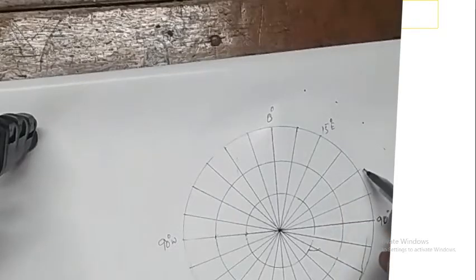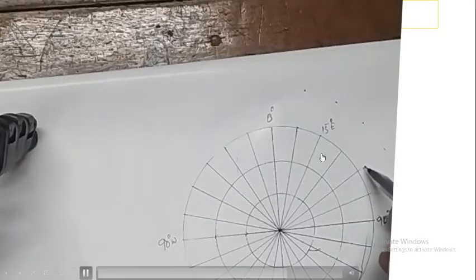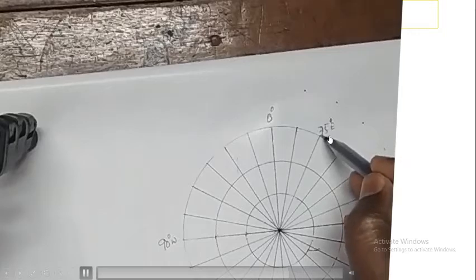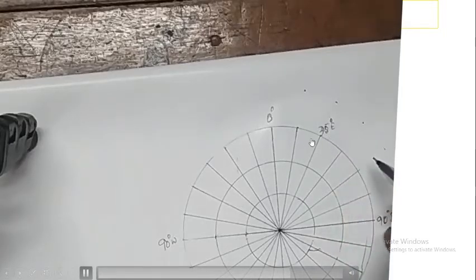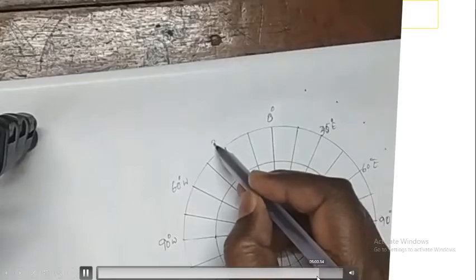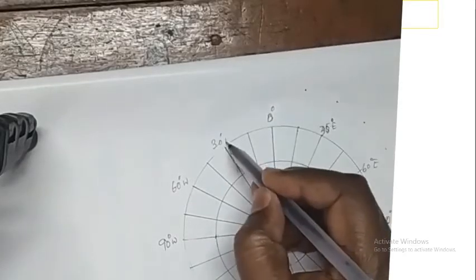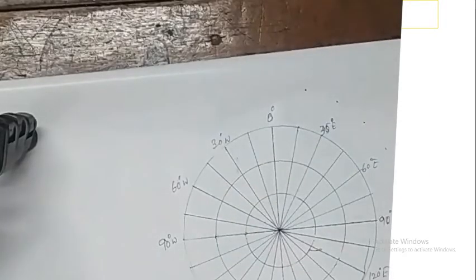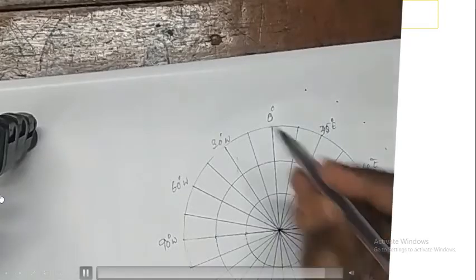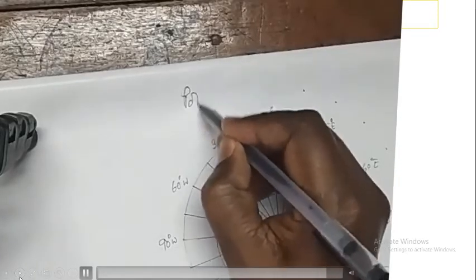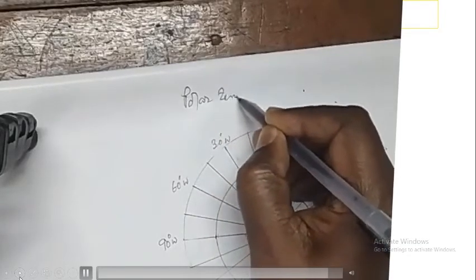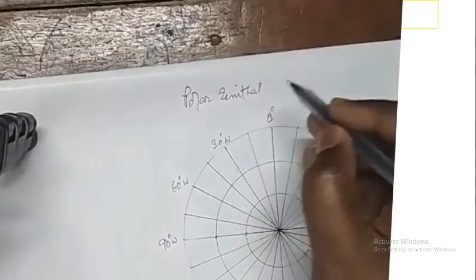The next one is 30 degrees, because this one was 15 degrees, and like that we go on. It is the polar zenithal equidistant projection.